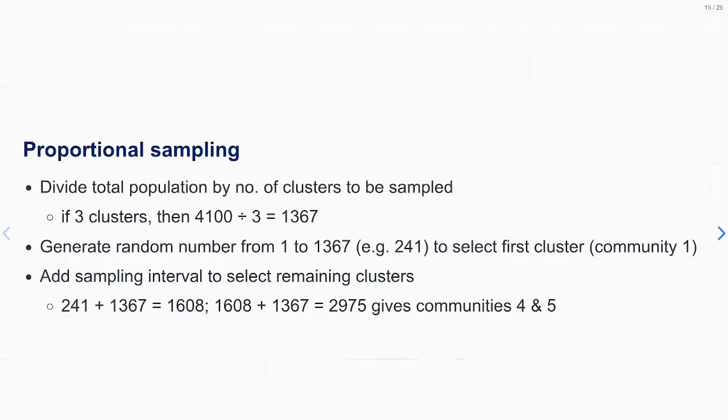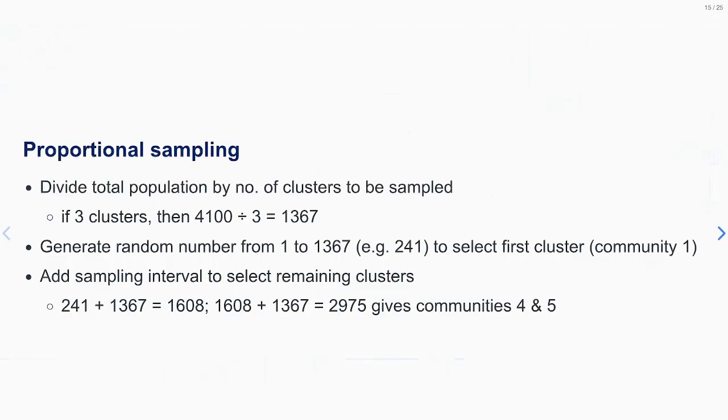And 1,608 plus the sampling interval gives us 2,975. So that means that we're going to select subsequently communities 4 and 5. So the 3 clusters we're going to select will be community 1, community 4, and community 5.